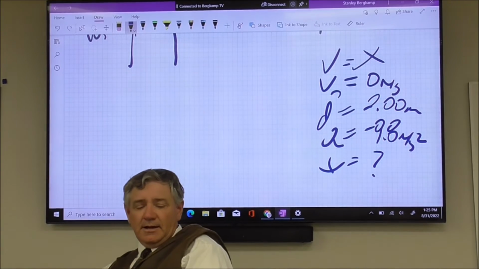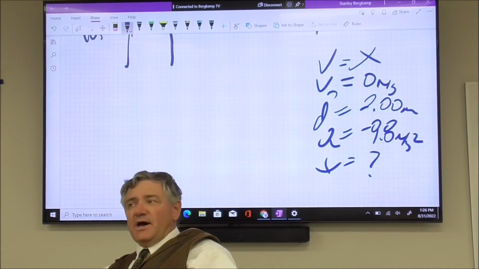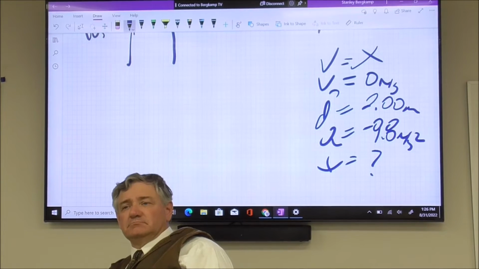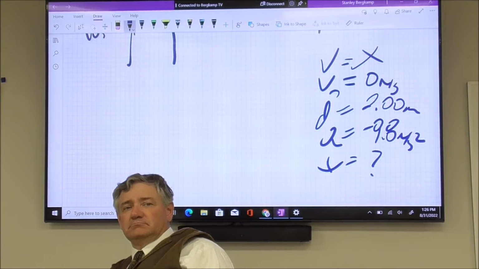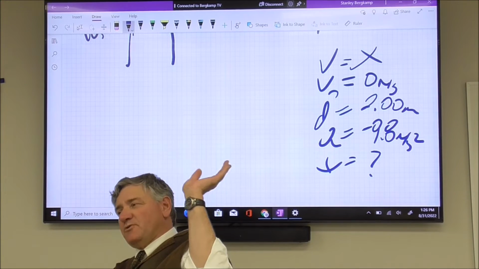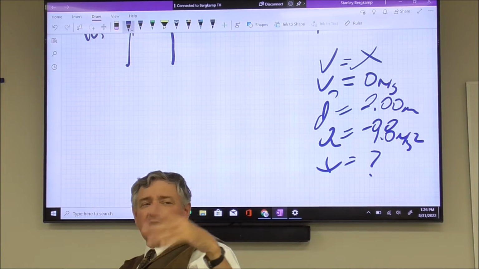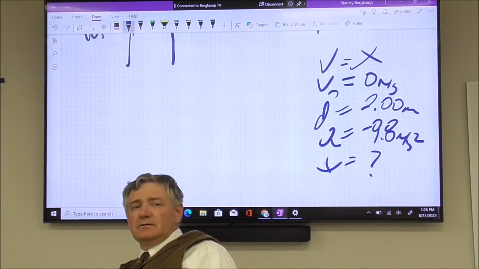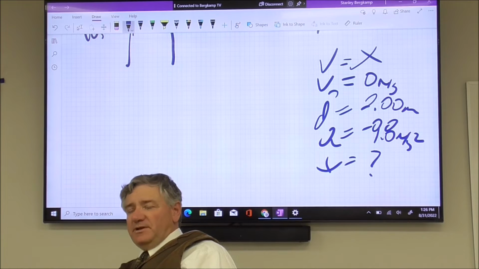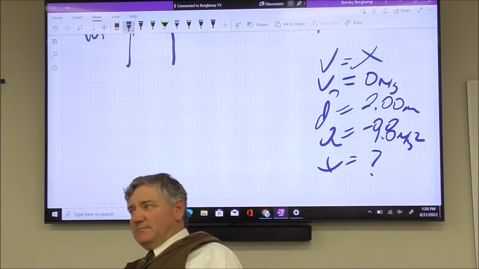So, what do I want to start with? That equation? No, because it doesn't involve time. So that equation is out. What about that first equation, V equals V naught plus at? No, we don't want to do that one either. Why? No final velocity. I don't know my final velocity, nor do I know my time.